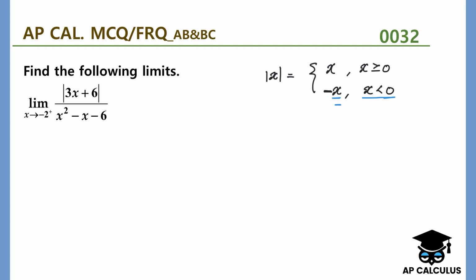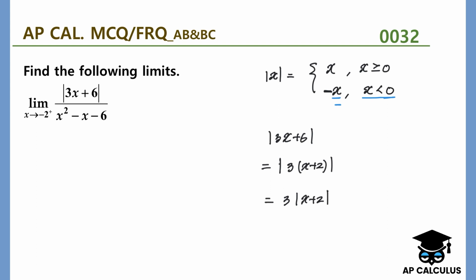Does that make sense? Here we have the absolute value of 3x plus 6. Let's simplify this. The absolute value of 3x plus 6 is actually 3 times x plus 2, so we can write 3 outside of the absolute value: 3 times the absolute value of x plus 2.